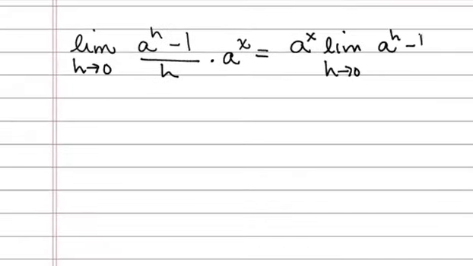So therefore I have a to the x times the limit as h approaches 0 of e to the ln of a times h.